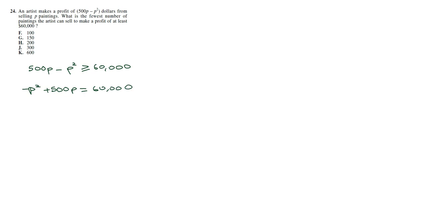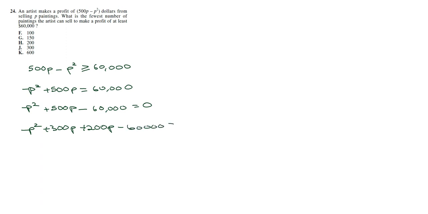So let's go ahead and solve this. Minus p squared plus 500p minus 60,000 is equal to 0. So we go minus p squared plus 300p plus 200p minus 60,000 is 0.